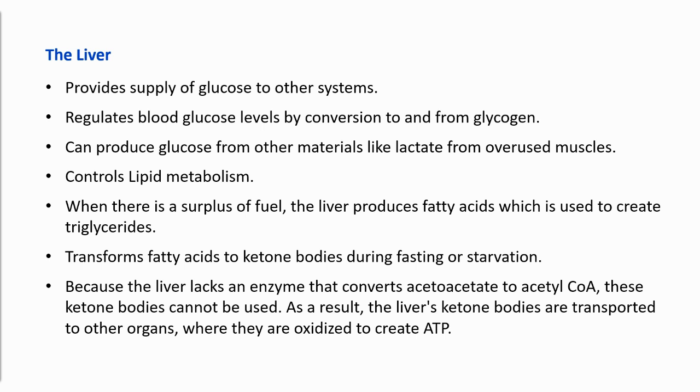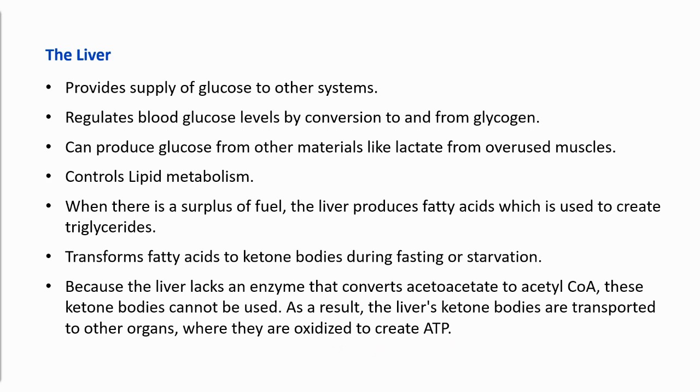So when there is a surplus of fuel, the liver produces fatty acid, which is used to create triglycerides. And it transforms fatty acid into ketone bodies during fasting or starvation. Now, because the liver lacks an enzyme that converts acetoacetate to acetyl coenzyme A, these ketone bodies cannot be used by the liver. As a result, the ketone bodies are transported to the organs where they will be oxidized to produce ATP.